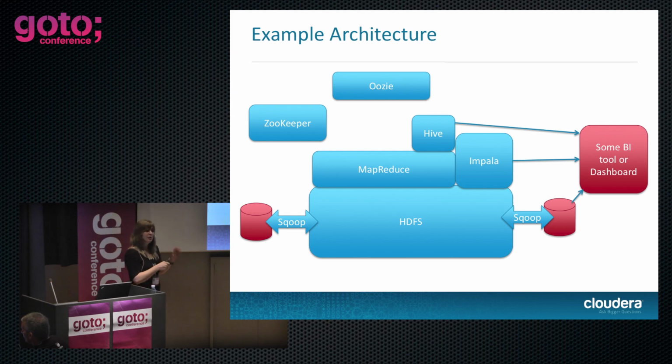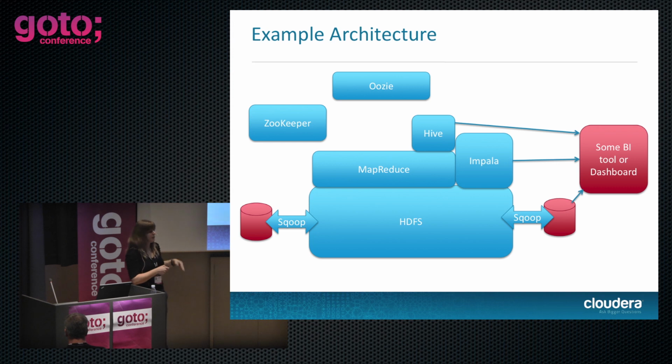They do MapReduce processing to do some cleansing or aggregation of data. It's ETL. I want to prepare my data a certain way for this kind of query. Or the next week, I want to prepare it differently for my query. It doesn't matter. You can always change your mind, but it's more flexible in Hadoop land.